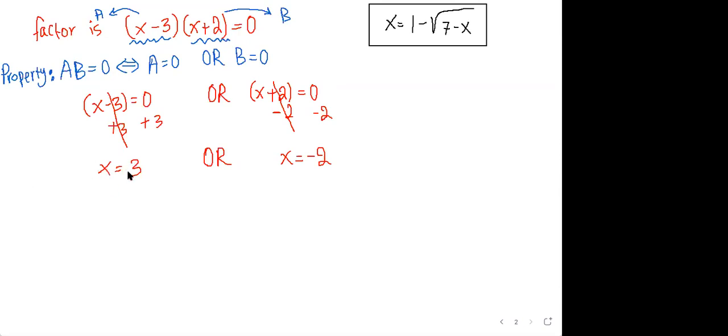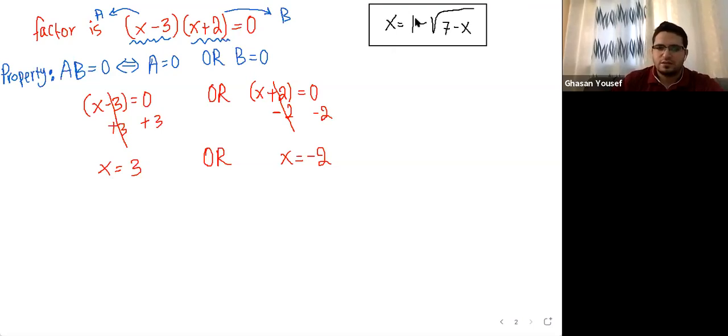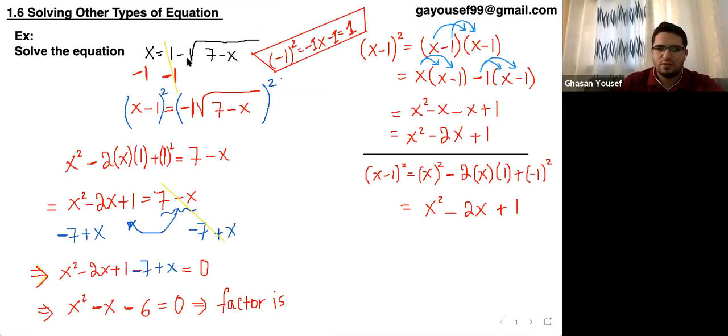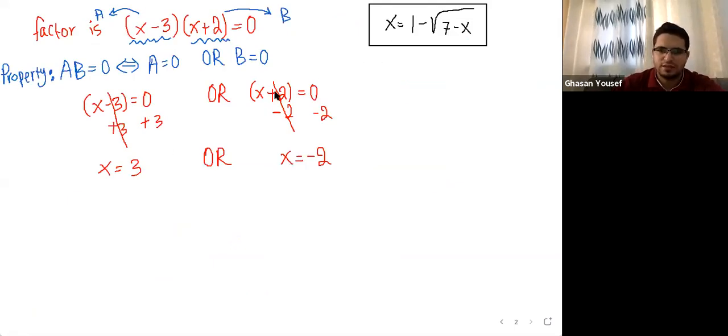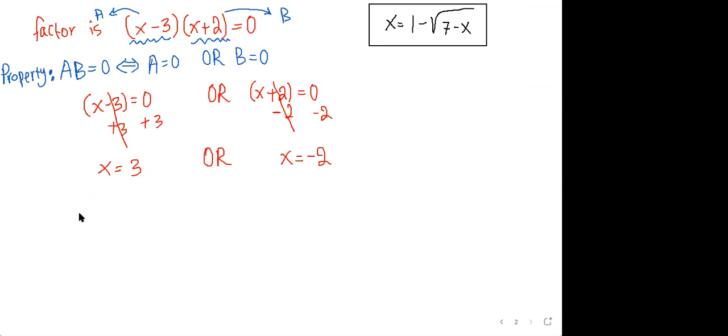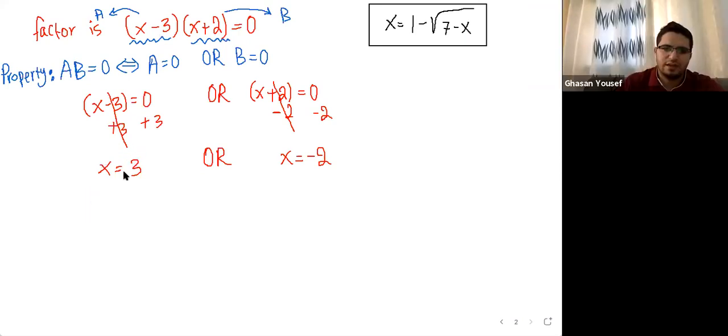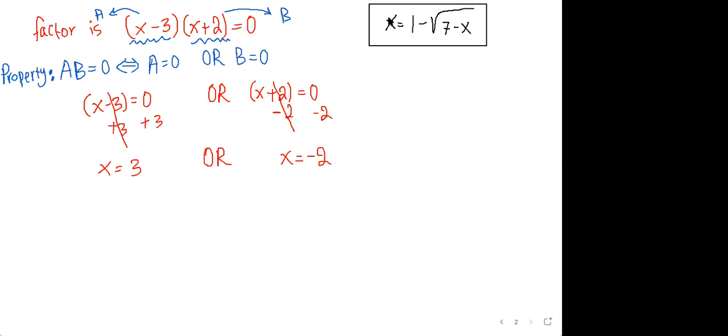When I plug x equal 3 inside my equation, x equals 1 minus the square root of 7 minus x, I just write it here again. Can I say two solutions? No, I need to check whether this one is a solution for this equation. I have to plug this one inside the equation.